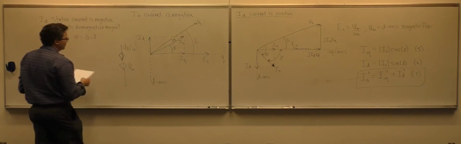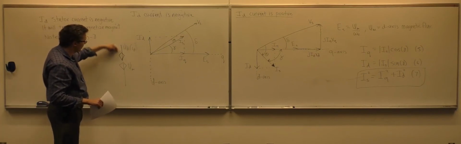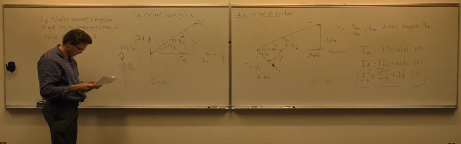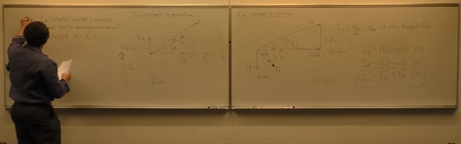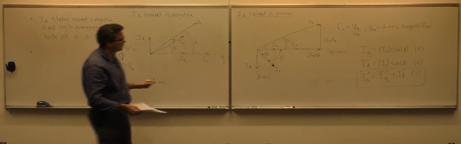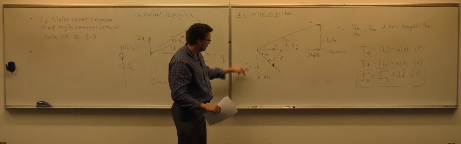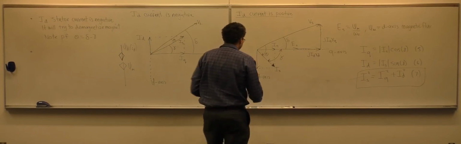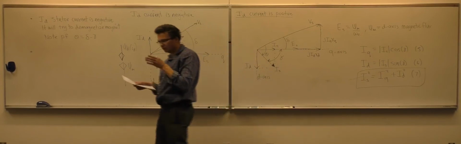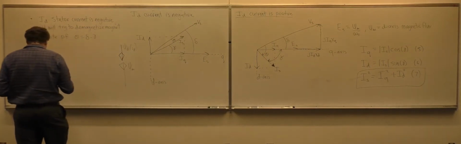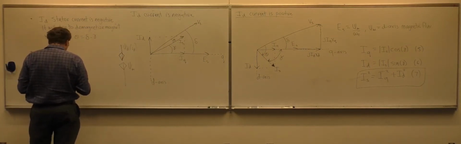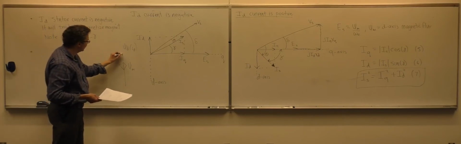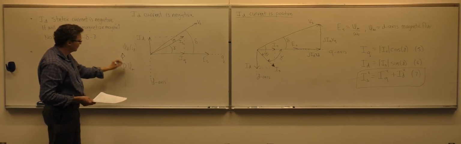So if you apply the flux to try to go in the opposite direction of the magnet, you have to make sure that the magnet is not going to be demagnetized. In this case here, we had the current going in the direction of the magnet flux, in the positive d-axis, which is the way that we've defined the flux coming out. So that will add to the flux due to the magnet.